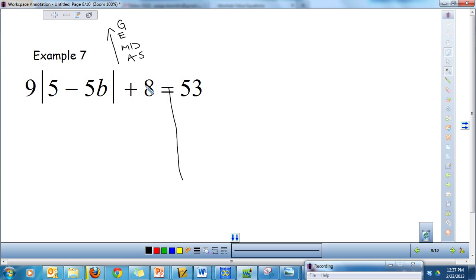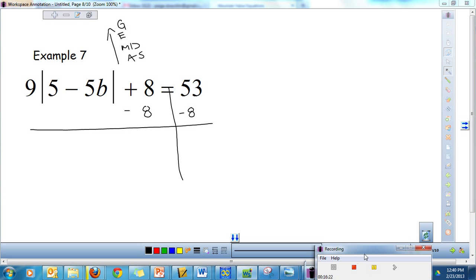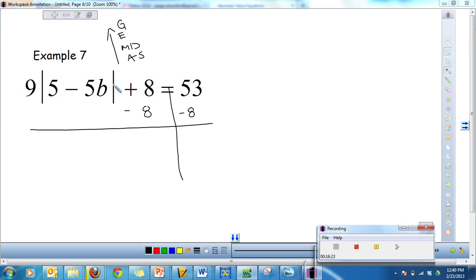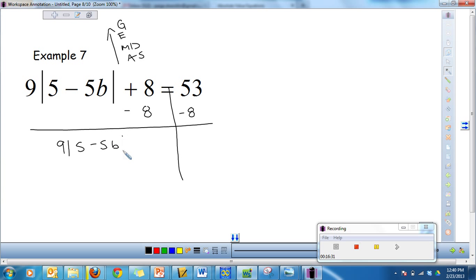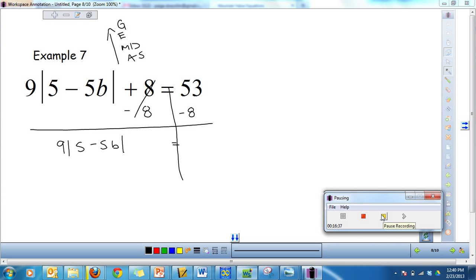So I notice that we are adding 8, so I'm going to subtract 8 from both sides. I've not done anything with this, so I'm going to go ahead and bring it down. 9 times the absolute value of 5 minus 5b. This cancels out, and that's going to be equal to 53 minus 8, which is 45.